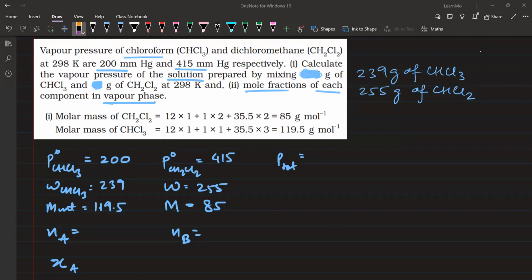Please let me know once you get the mole fraction of A. Nobody got the mole fraction of A till now.